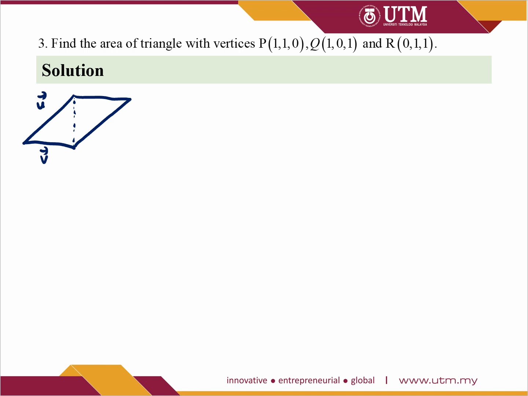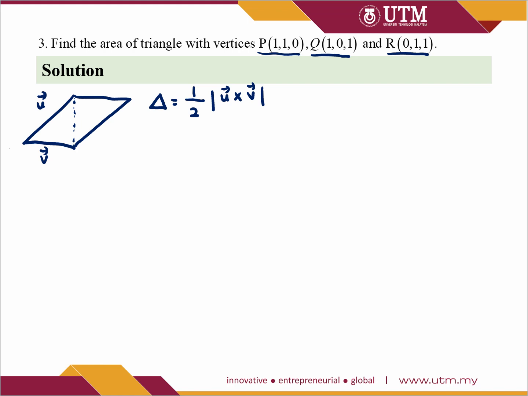Meaning that to get the area of the triangle, you can take half of the parallelogram. So you need to find U cross V. However, our concern is that the question gives you the points, not the vectors. So we have to find the vectors first.